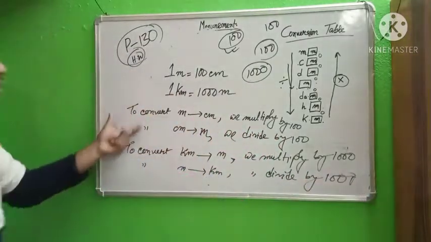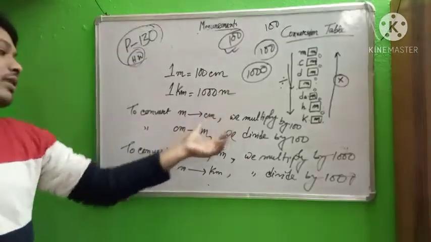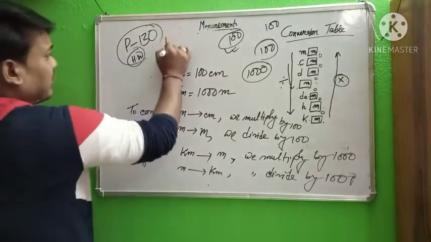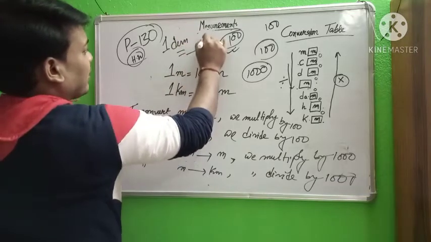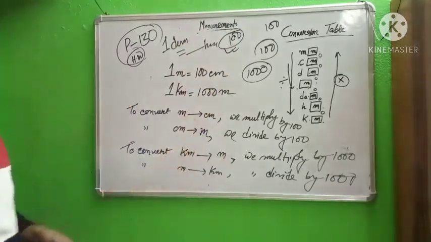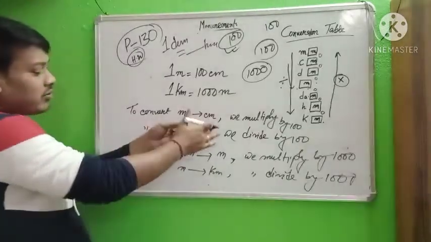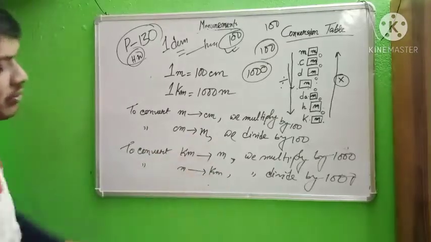Okay, only these four things. Something like 1 decimeter equals how many hectometer is not given in your book. So don't worry, we only convert meter to centimeter, centimeter to meter, kilometer to meter, and meter to kilometer.